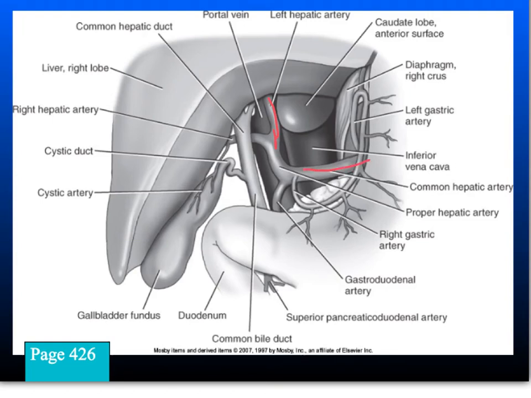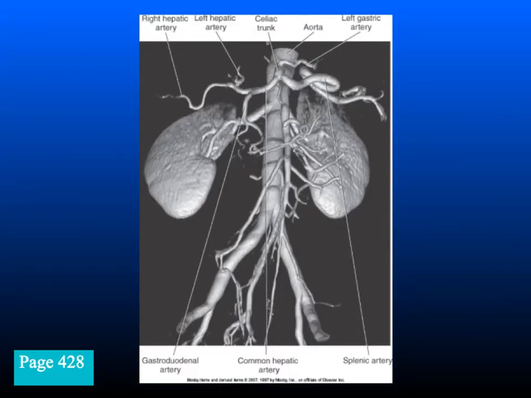The common hepatic artery is coming from the celiac trunk, way over here, right? And then the gastric artery, and then the duodenum here. The same vasculature is shown in CTA, showing how the aorta divides into those different branches.